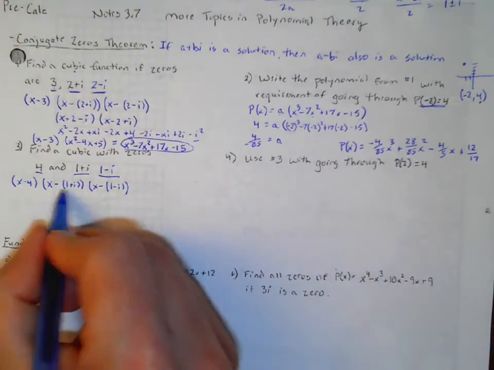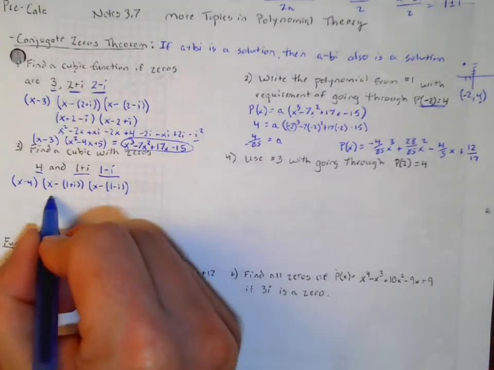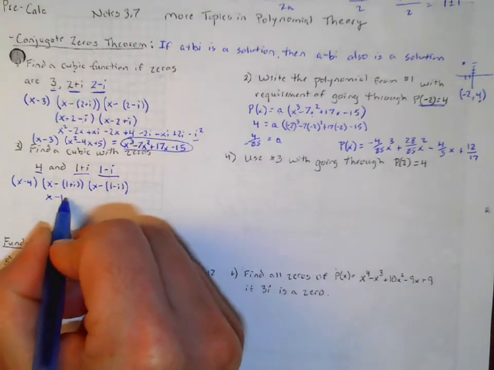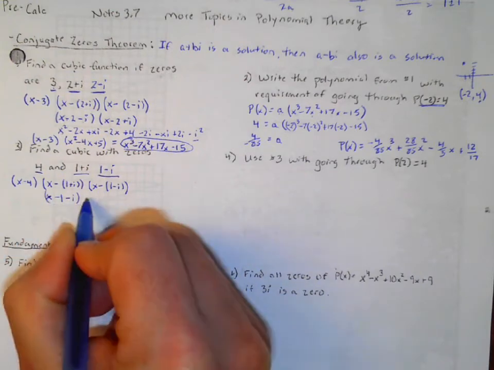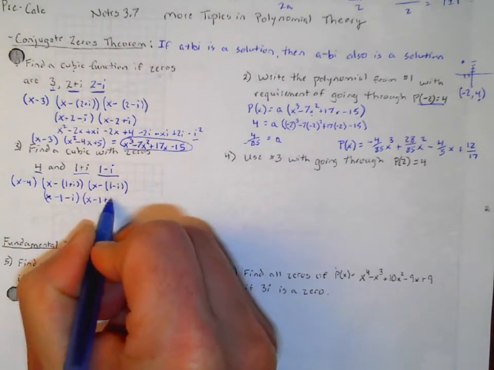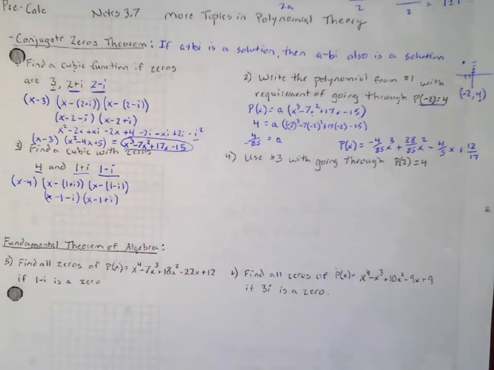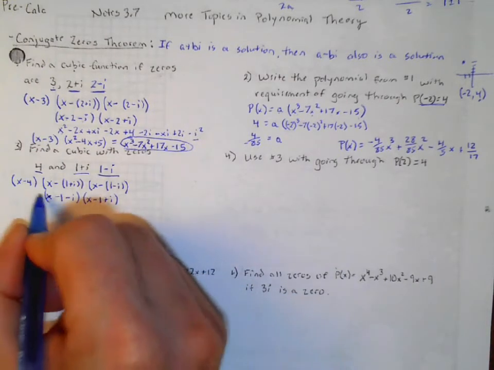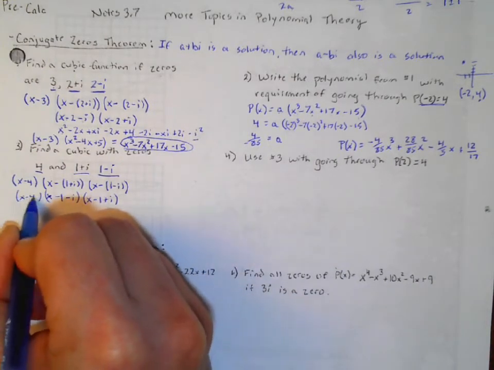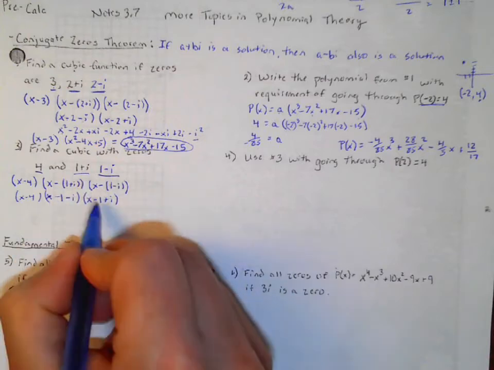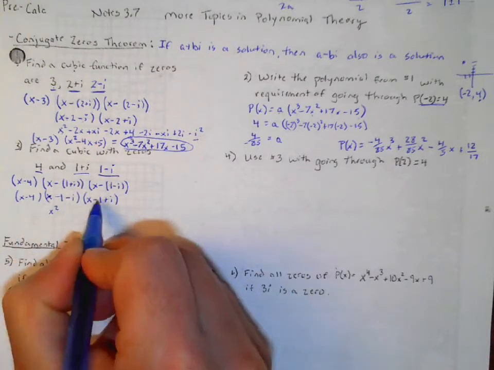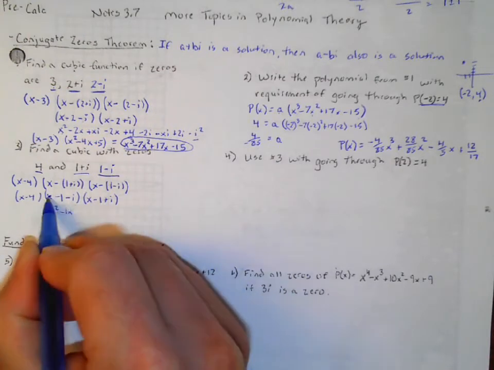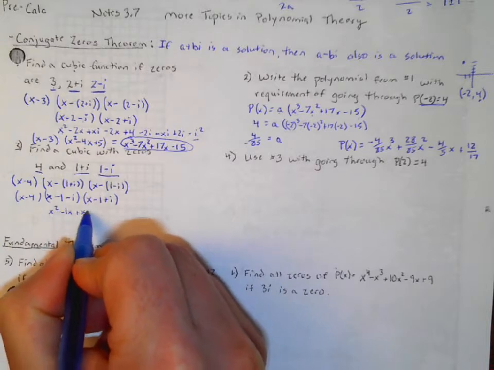Now, I always like to multiply these together first. Take the negative through: x minus 1 minus i, x minus 1 plus i. Okay. Now, if you do all the multiplying through there, x times x is x squared. x times negative 1 is negative 1x. x times i is xi.